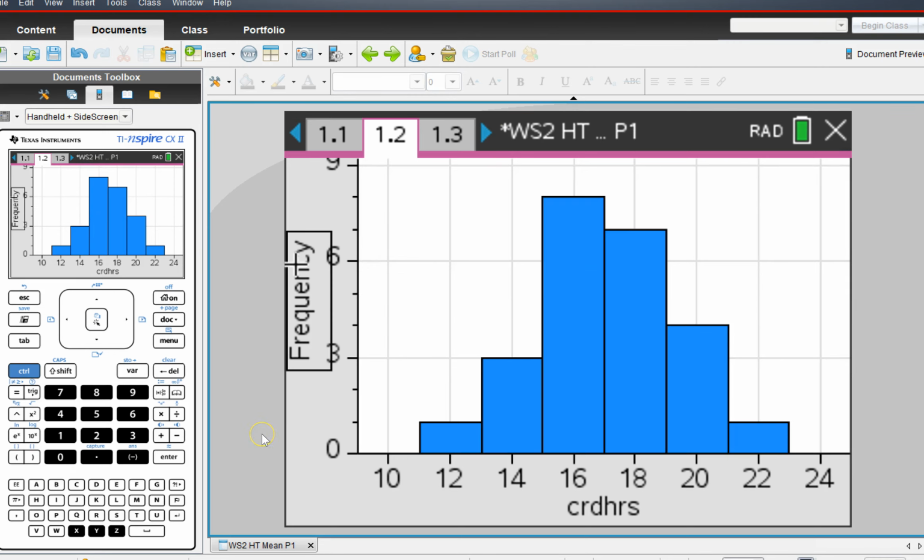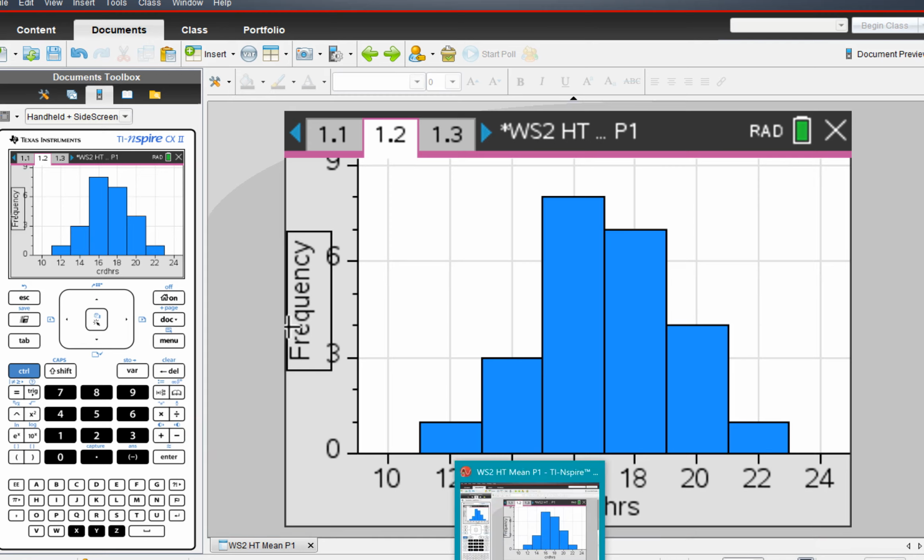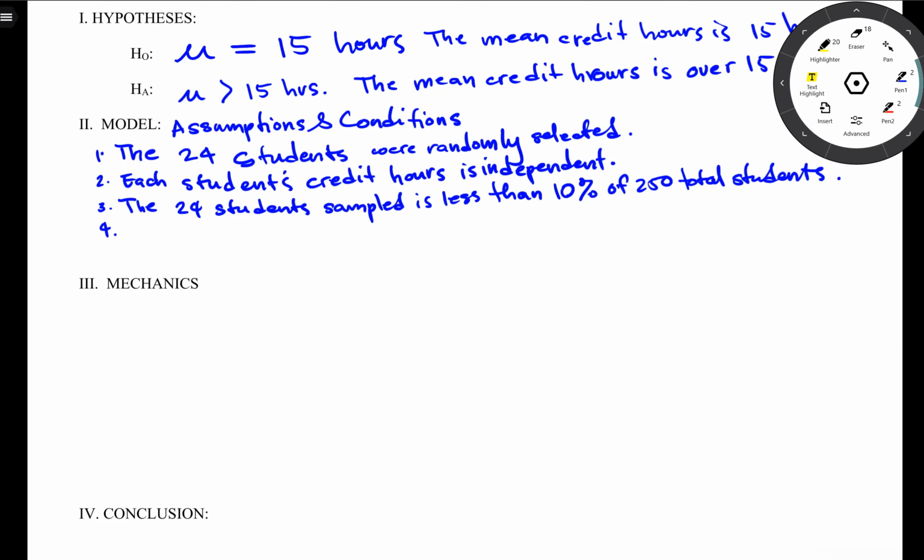Okay, if you look at the general shape, you have to remember that there are only, again, 24 data. Had we sampled more, or had the professor sampled more, then this would be normal right here. Okay, so let's continue with our answer. Okay, so the sample size is moderate. Okay, let me write it first.